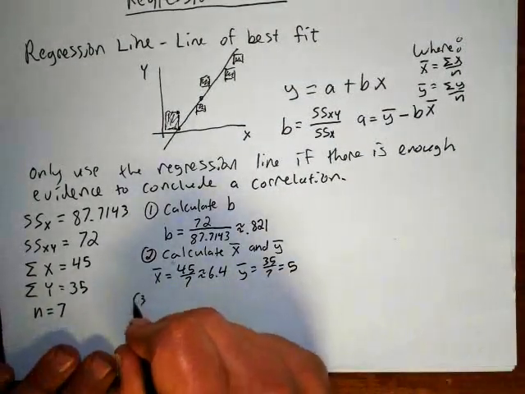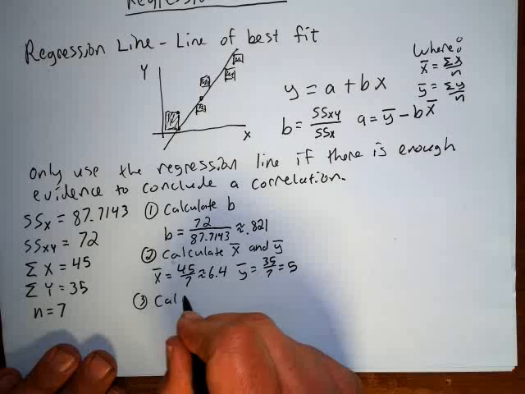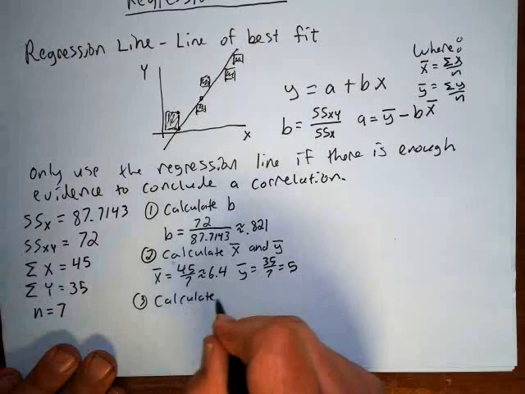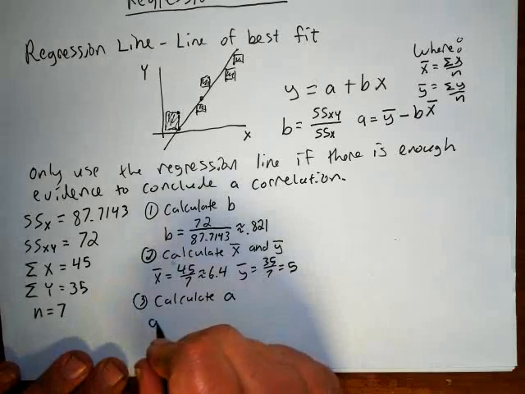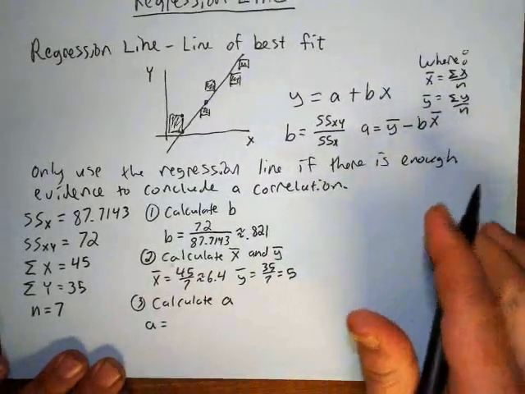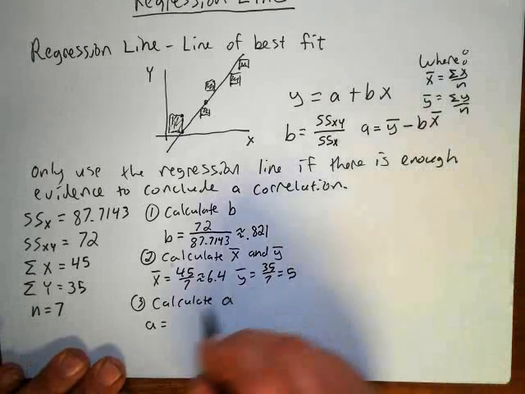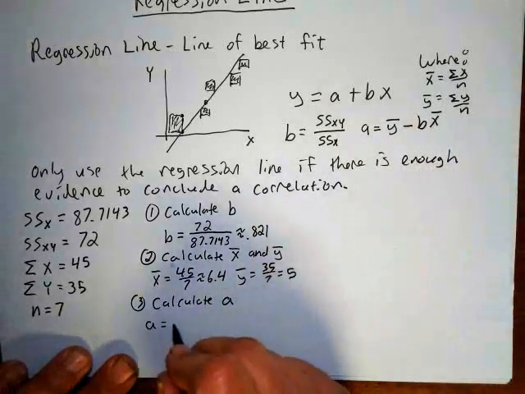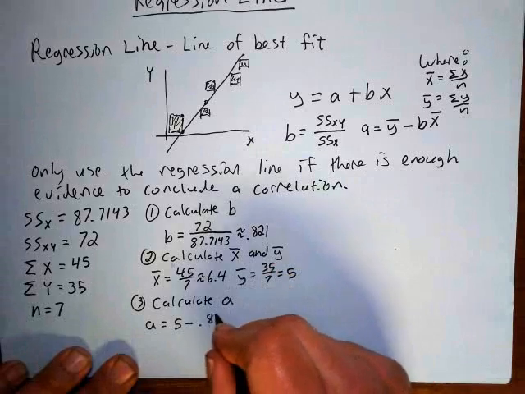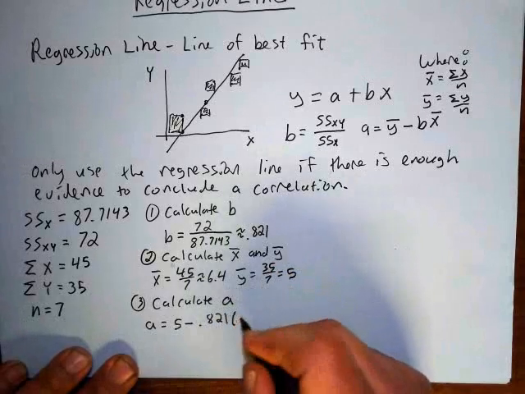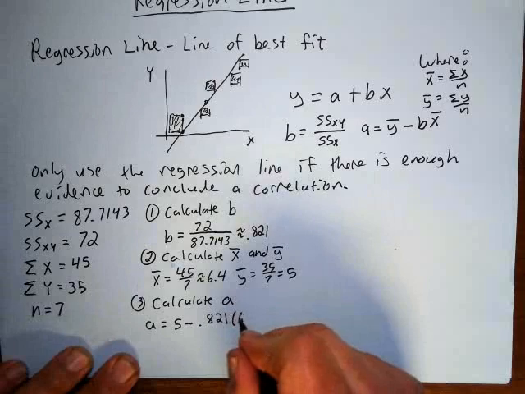So step 3 is going to be to calculate A. A here is the Y bar minus B times X bar. So Y bar is 5 minus the B, which is 0.821, times the X bar, which is 6.4.